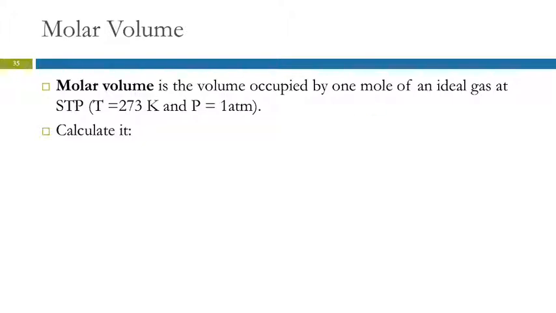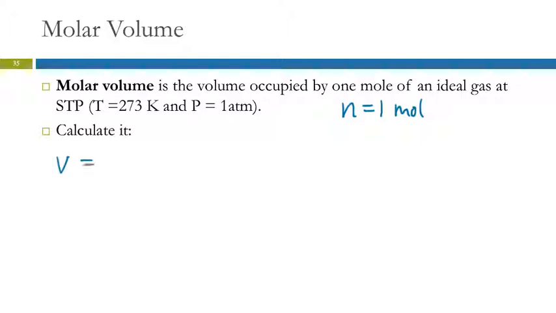1 mole of gas tells us that n equals 1 mole, right? We're calculating the volume of exactly 1 mole, and we can assume that these are also exact numbers because they're defined. So if we want to calculate volume, we just did one of those, right?